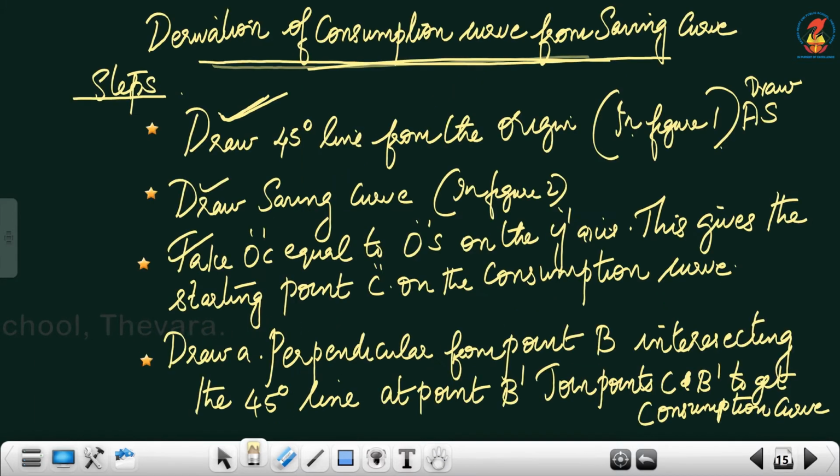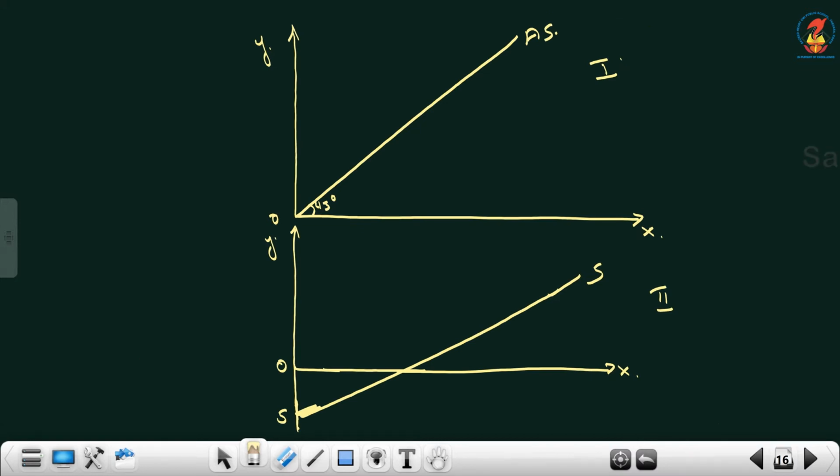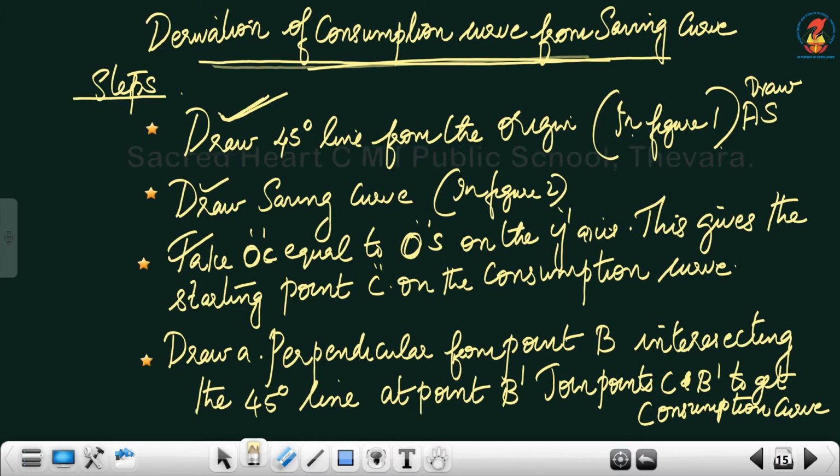OS comes in the saving curve and OC comes in the consumption curve. With the same measurement you have to take it for OC. So the measurement of OS and OC will be the same. We have taken OC equal to the measurement of OS on the y-axis.